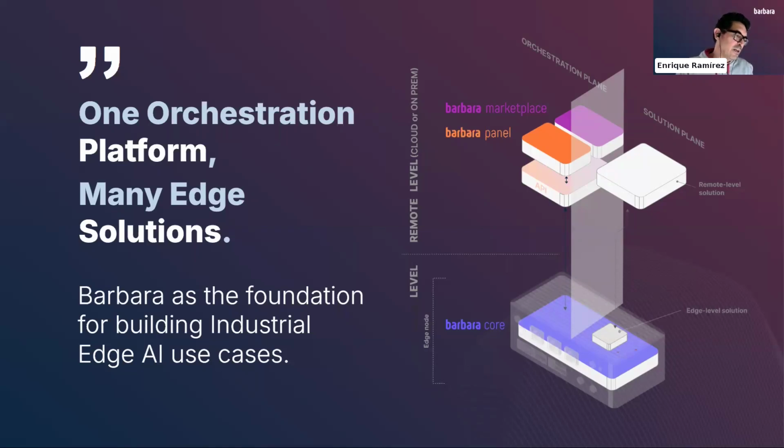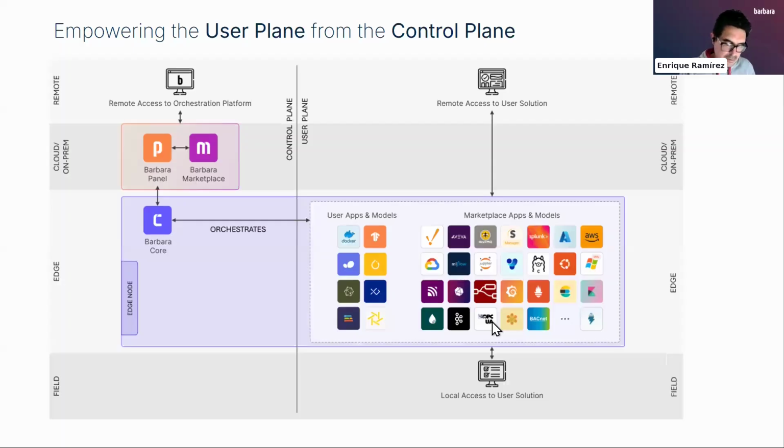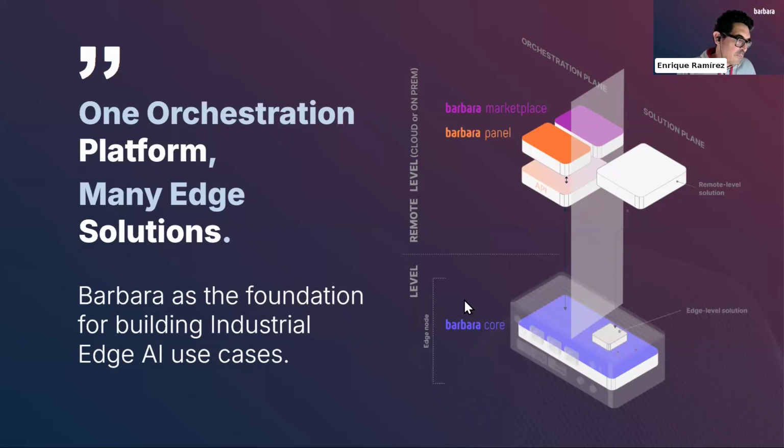Okay, so here we can see one of these edge nodes. Again, a physical device or virtual machine located in the customer facility. It must be running this product here, the Barbara core. The Barbara core is the first product I want to mention for the Barbara platform.